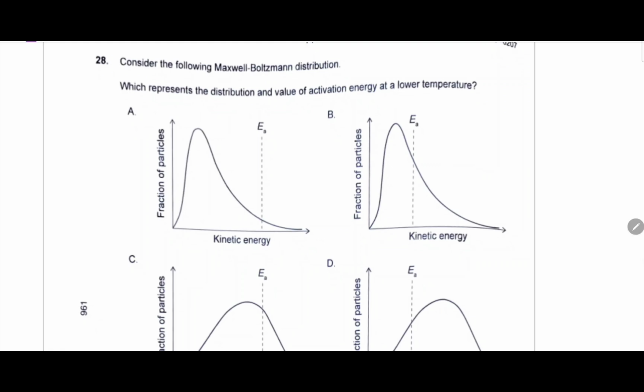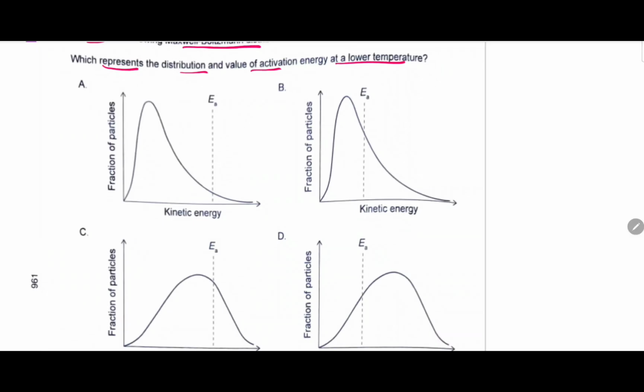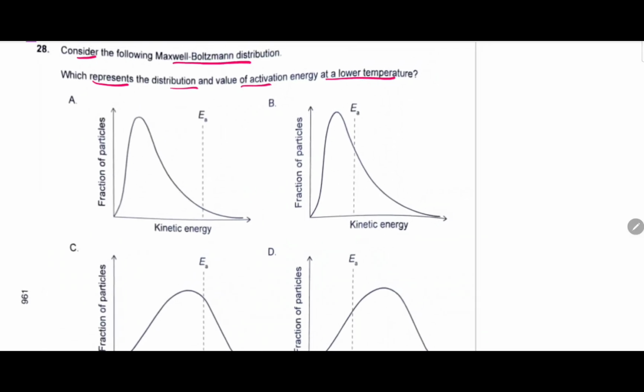Question 28. Consider the following Maxwell-Boltzmann distribution curves, which represent the distribution in the value of activation energy at a lower temperature. You have to see these 4 curves and tell which represents the distribution and value of activation energy at low temperature. When the temperature is low, the kinetic energy of the particles will be low.